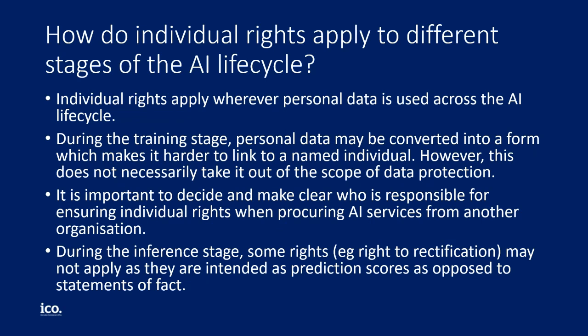Here what's happening is you're converting personal data from one form into a potentially less detailed form to help the training algorithm. This could make it much harder to link it to a particular named individual, but this doesn't necessarily take it out of the data protection scope. So therefore you'll need to consider this data when you're responding to individual rights requests.